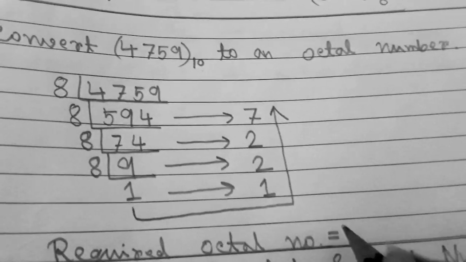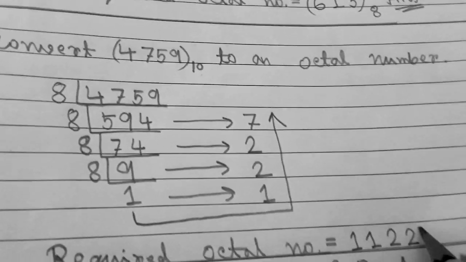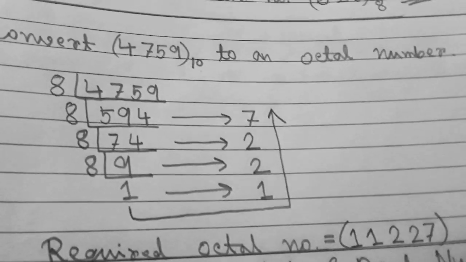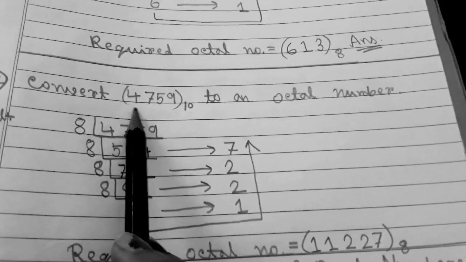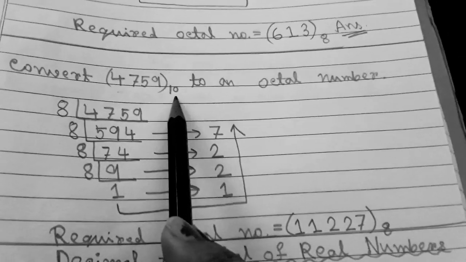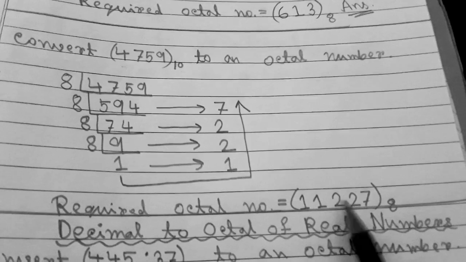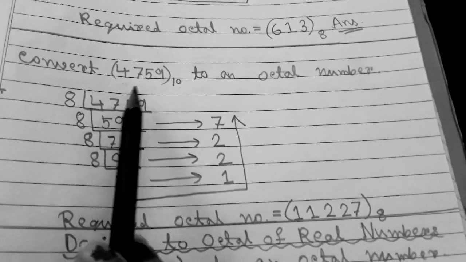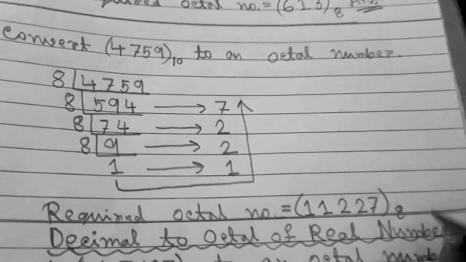So start with this 1 1 2 2 7. It is in octal form. So in my sum I get 4759 as decimal number, and after octal conversion the result is 11227. So 4759 in decimal is equivalent to 11227 in octal.